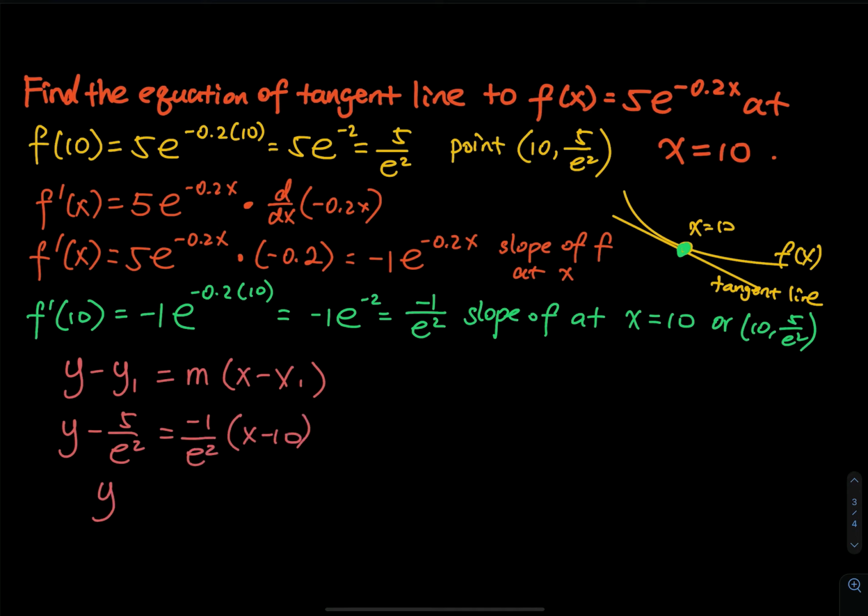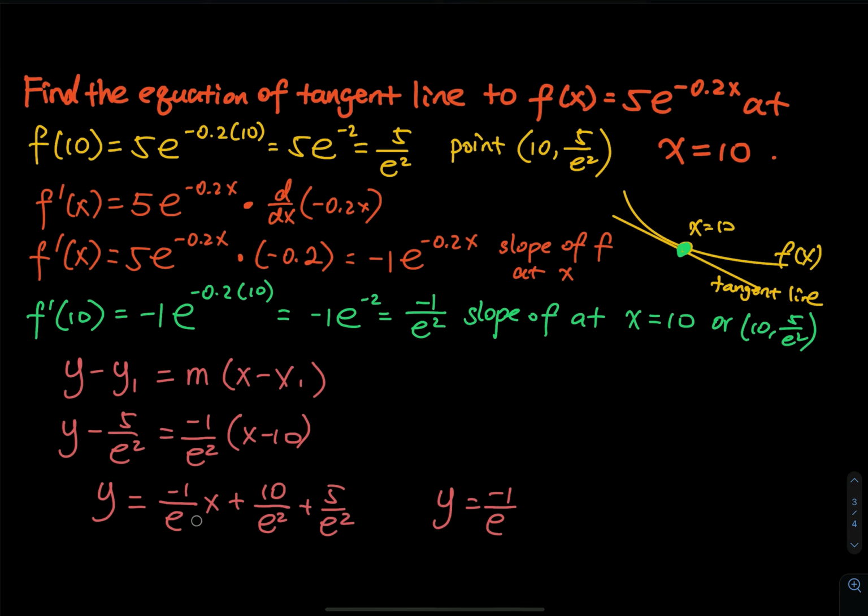And then you have y equals negative 1 over e squared times x, plus 10 divided by e squared, and then plus pi divided by e squared. So overall, you have y equals negative 1 over e squared, right? I wrote e to the x.